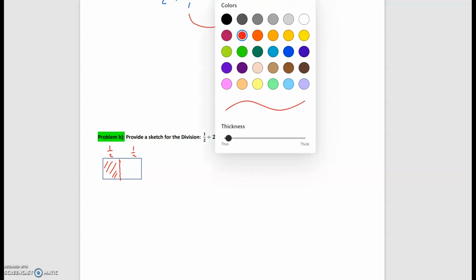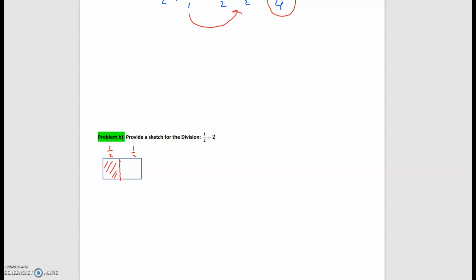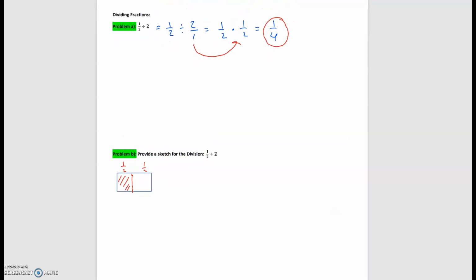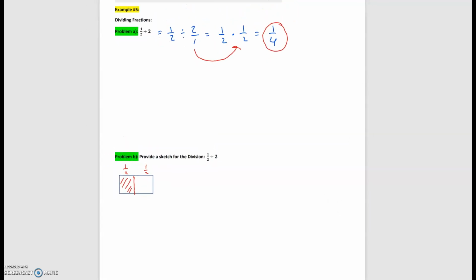But what this particular problem is asking is for the given 1/2 to be further divided into 2 parts. So we're looking at this further division. Picture that this whole square represents 1 unit. Dividing the 1/2 by 2 is going to give you 1/4.